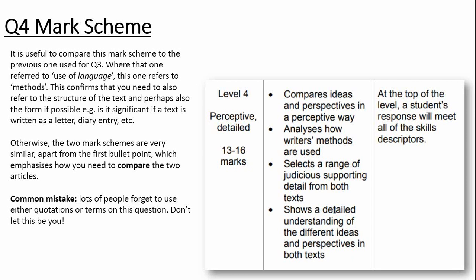As I was saying, it can be absolutely fine to write about one and then to make a comparison back to that in writing about the second one. However, if you think that there is something that is similar or that is interesting to talk about together, you can still talk about it in one paragraph. You don't need to feel that you can't do that.